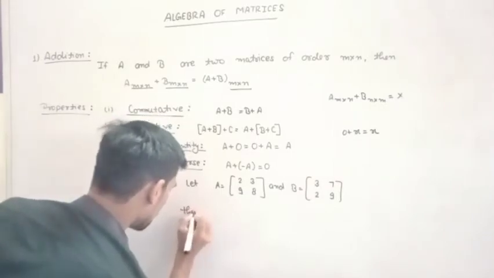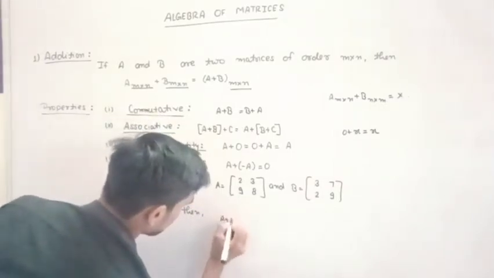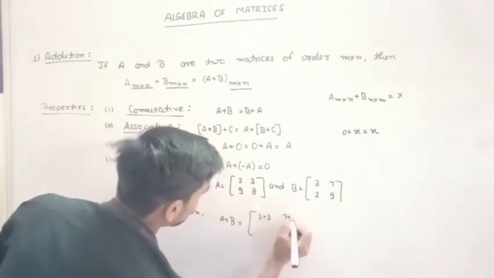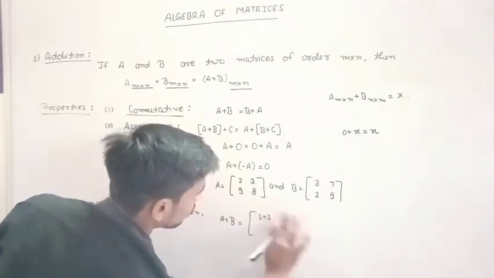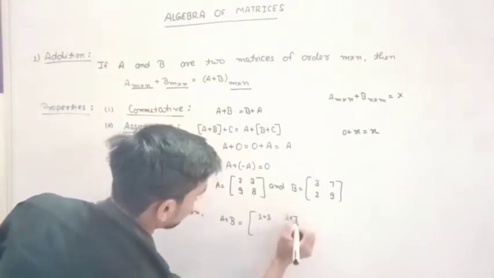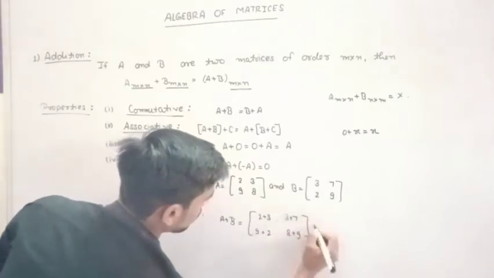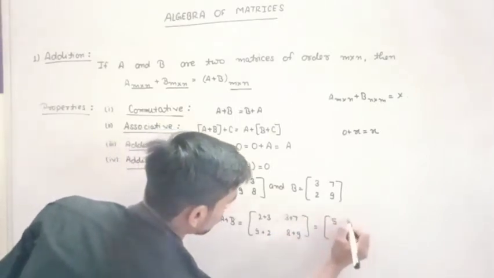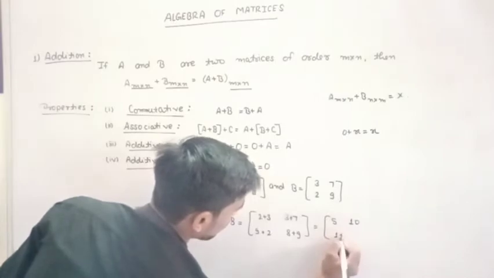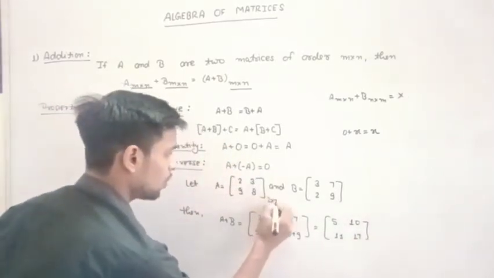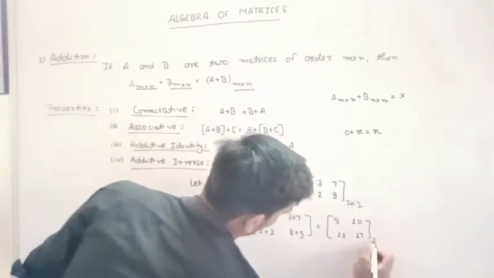Then A plus B will be equal to 2 plus 3, 3 plus 7, 9 plus 2 and 8 plus 9, which gives 5, 10, 11 and 17. Here the order of A is 2 cross 2, B is 2 cross 2, and A plus B also has the order 2 cross 2.